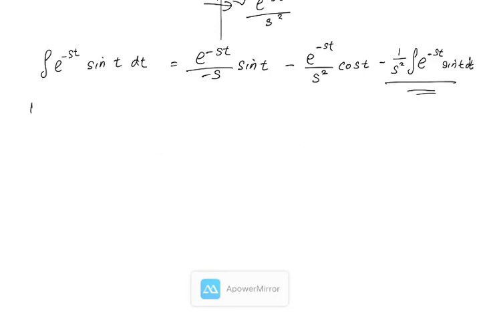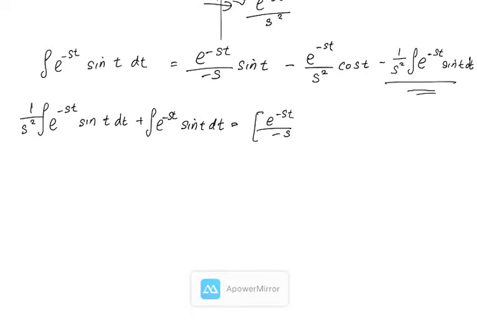So I have 1 over s squared times the integration of e to the negative st sine t dt, plus the integration of e to the negative st sine t dt, which is equivalent to e to the negative st over negative s sine t. I will copy down this part, minus e to the negative st divided by s squared cos t.